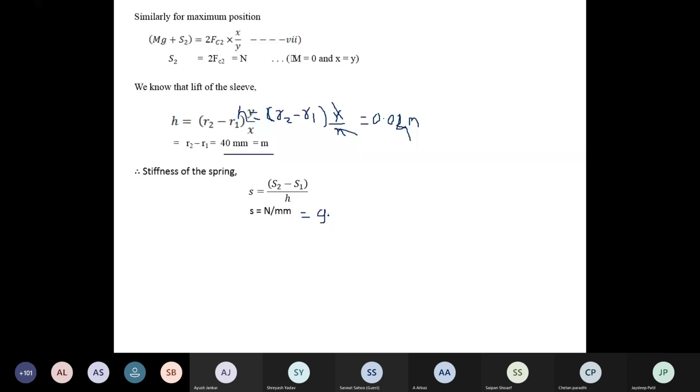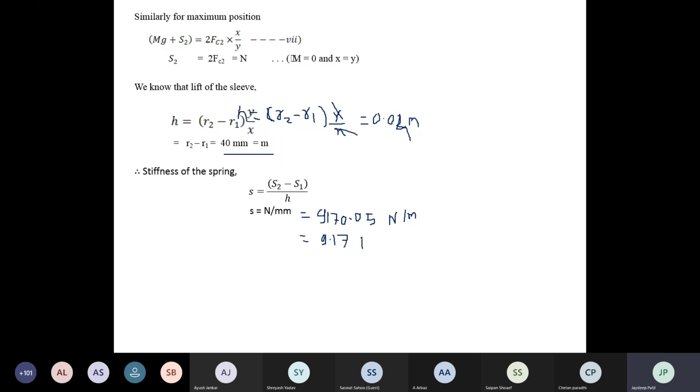Meter में बताओ, तो 9170.5 न्यूटन पर मीटर. करेक्ट. और mm में कितना आएगा फिर? 9.17 something Newton per mm.